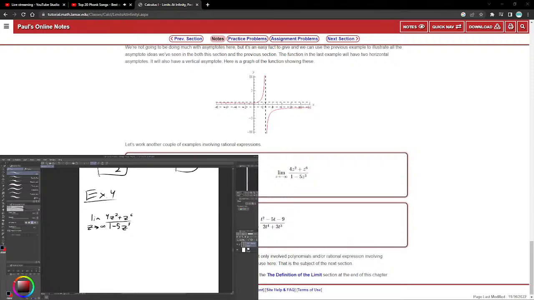Okay, so we're going to want to factor out z squared from the top.